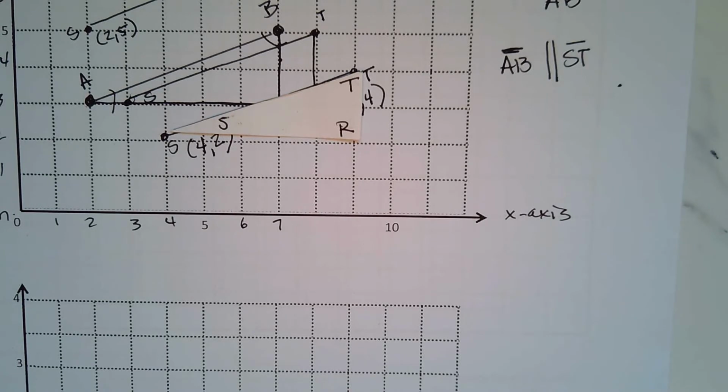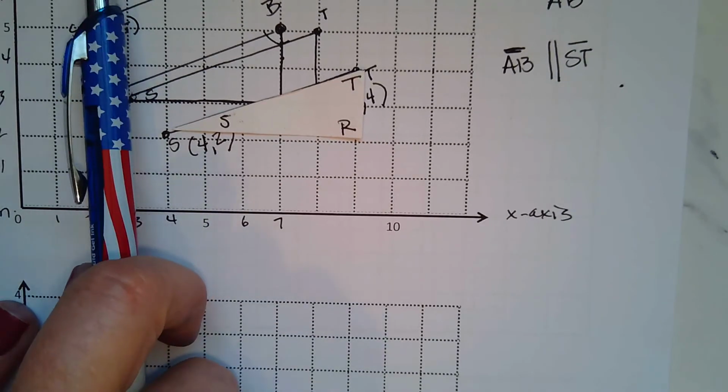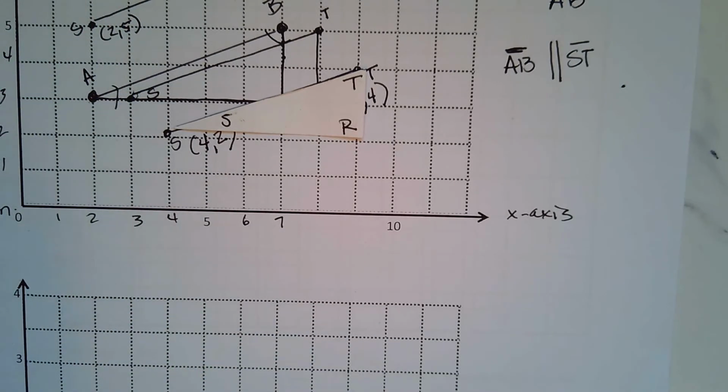Now, compare the coordinates from points A and B to the coordinates of points S and T. Can you say to yourself why each x coordinate in points S and T is 2 more than the x coordinates of A and B?